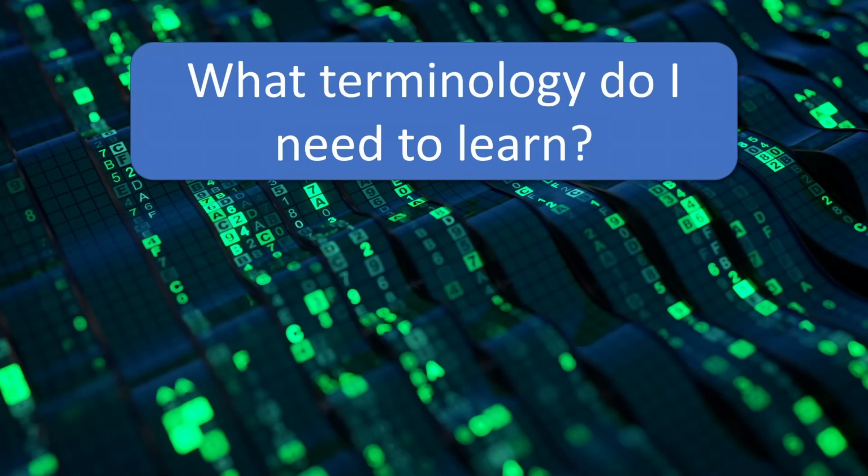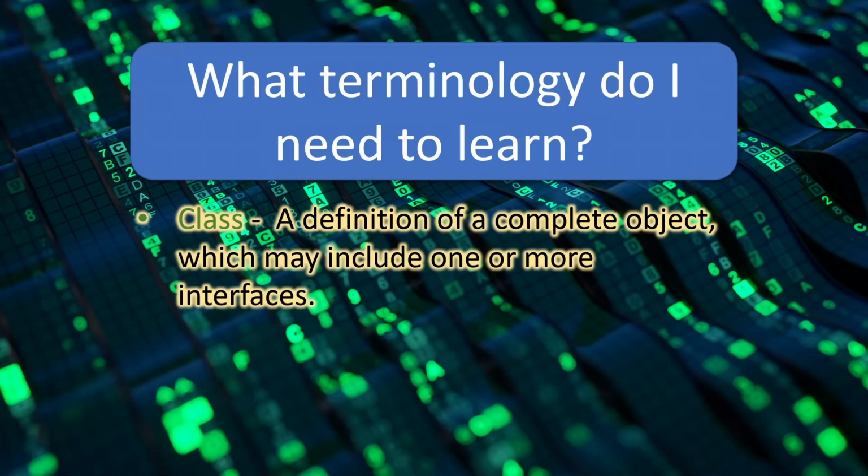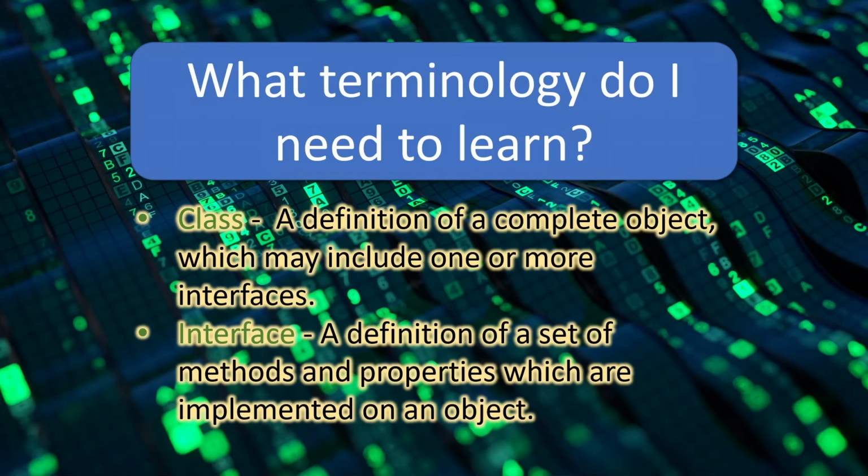So what terminology do I need to learn in order to use objects? First of all, class, a definition of a complete object which may include one or more interfaces. Interface, a definition of a set of methods and properties which are implemented on an object.